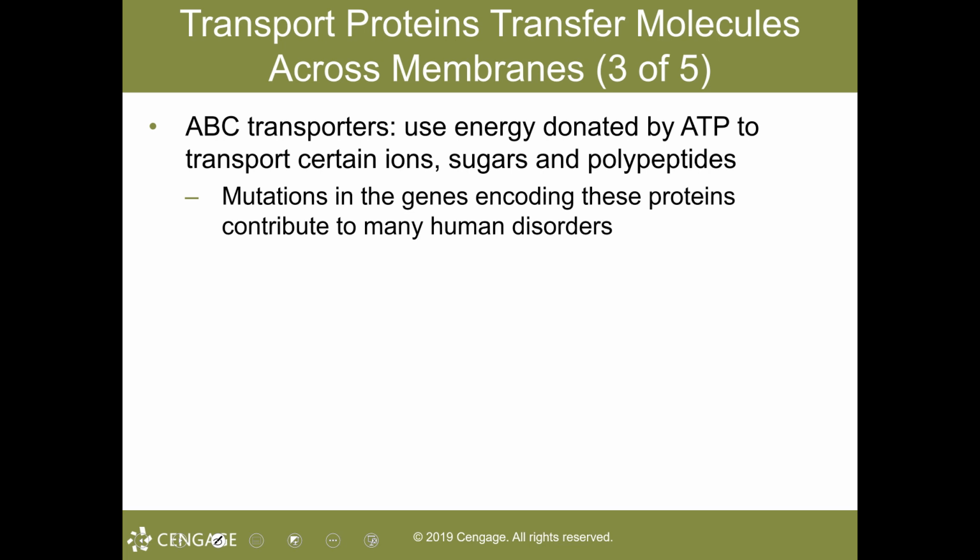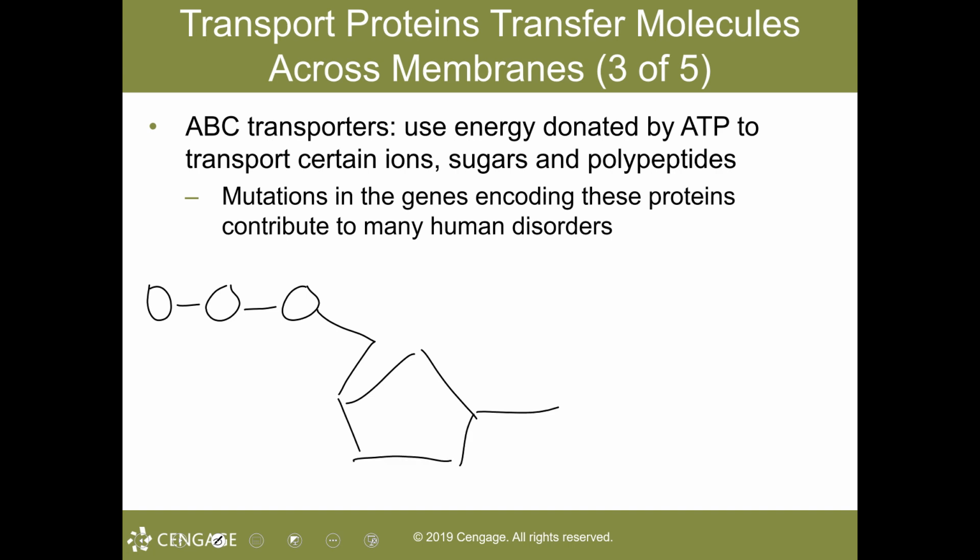So ABC transporters. The ABC transporter class uses energy from adenosine triphosphate, which means it has 1, 2, 3 phosphates. I've now drawn what adenosine triphosphate is. It has those 1, 2, 3 phosphates that are here.